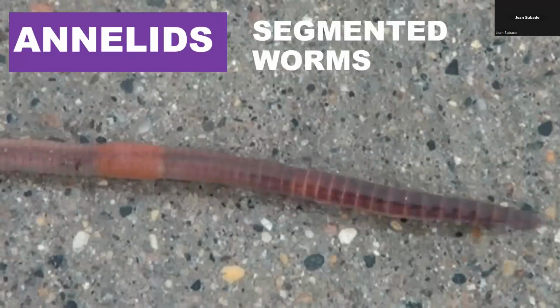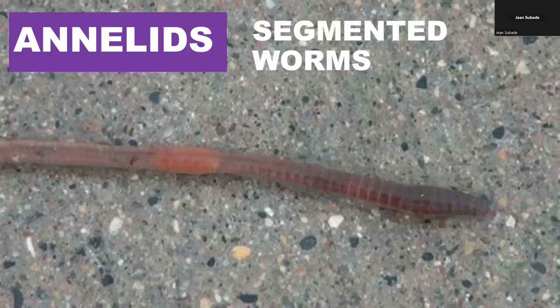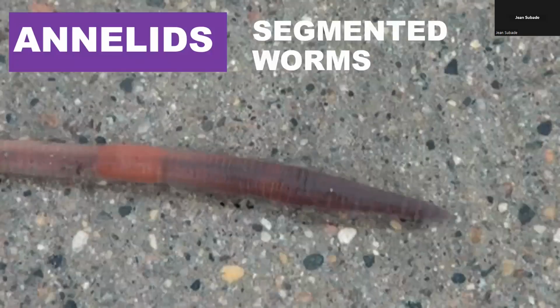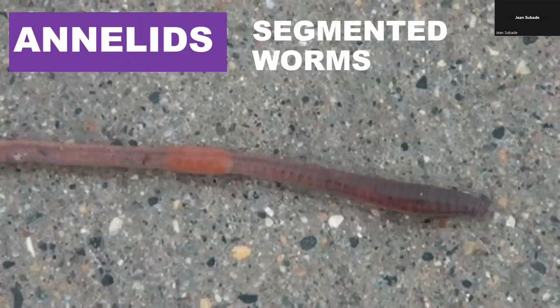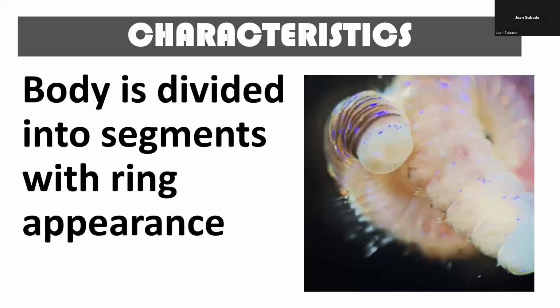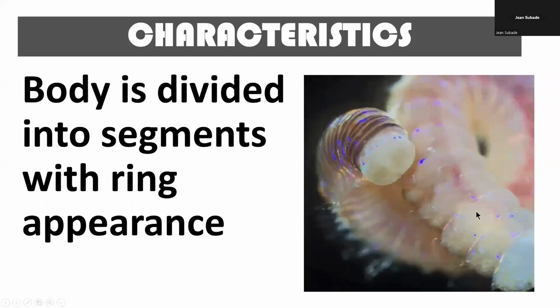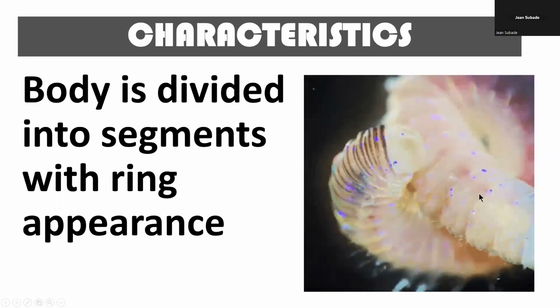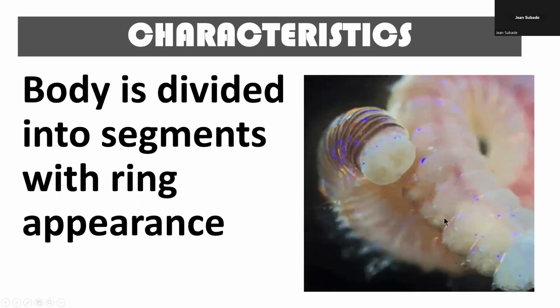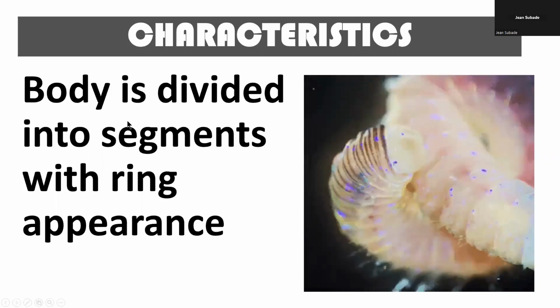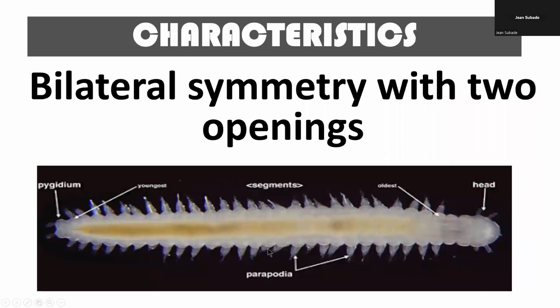Next are the annelids. What makes them different from the nematodes is that these are segmented worms. Why segmented worms? Look carefully at their body features. They have a ring appearance in their body, and those are segments. They are divided into many segments. If you lay them flat on a surface, their body is bilaterally symmetrical.